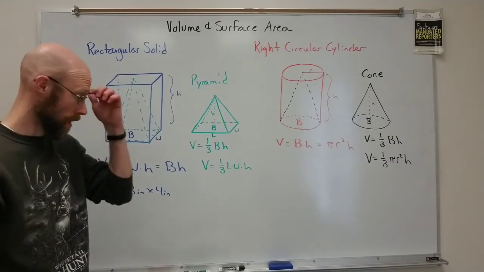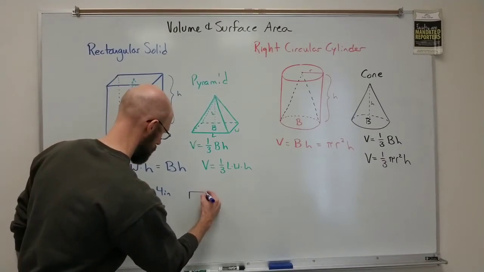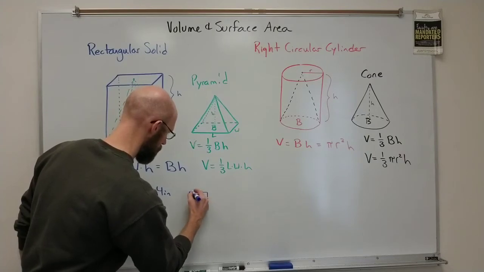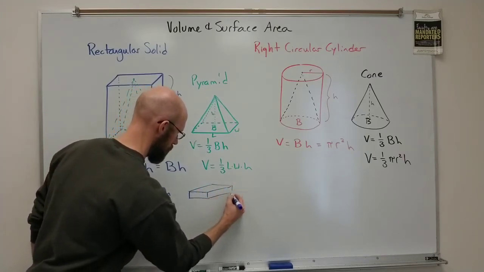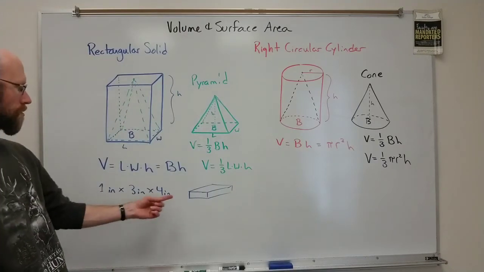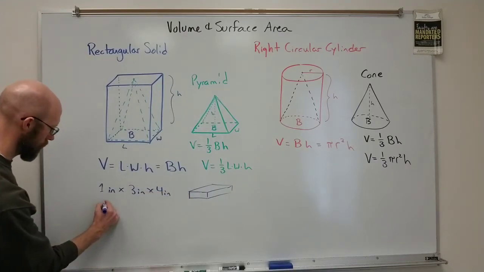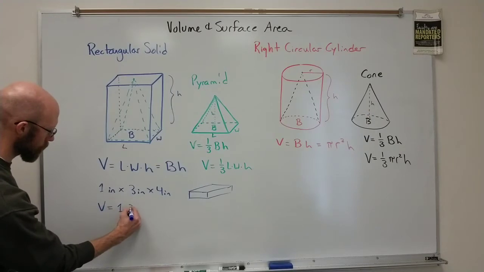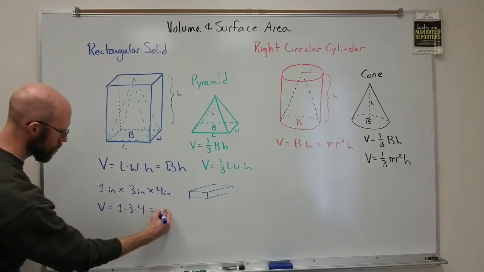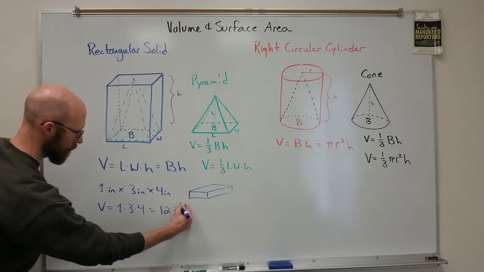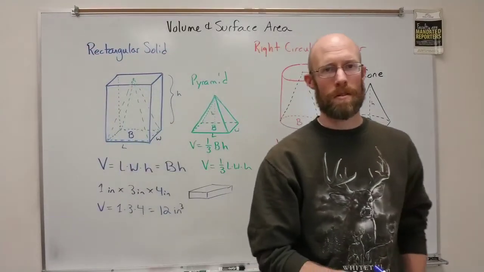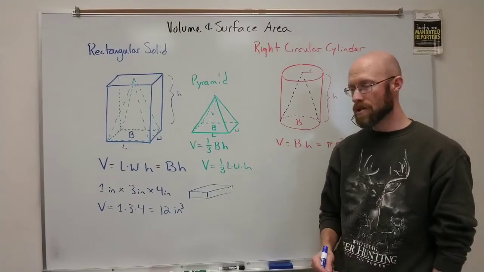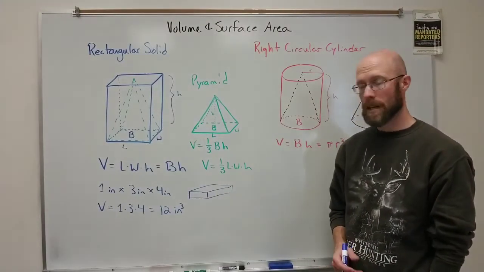Okay, and that's just your little flat deck of cards, right? And so the volume of that is just the product of those three numbers, 1 times 3 times 4, which is 12 cubic inches. Okay, you just multiply the three dimensions, the three values together. For any rectangular solid, you can do that.